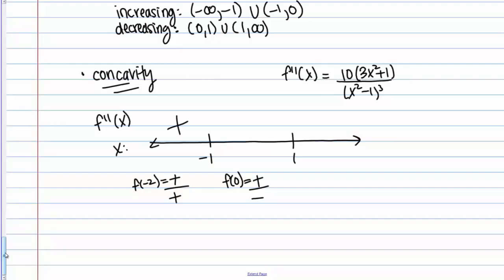So I have a positive over a negative, which gives me a negative overall. Okay, and then for my final interval, I could pick 2. On the top, that's definitely going to be positive, right? 10 times some positive things, positive. What about on the bottom? Well, I have 2 squared minus 1, so that's 3 cubed, which is positive. So I get a positive overall.